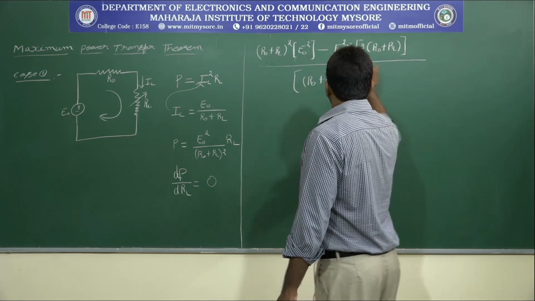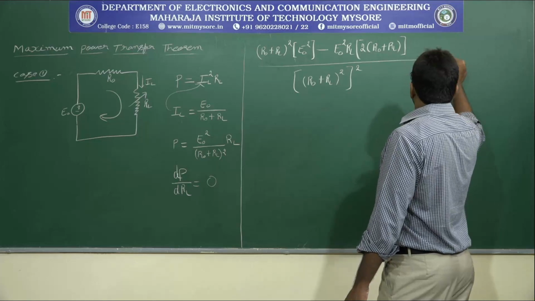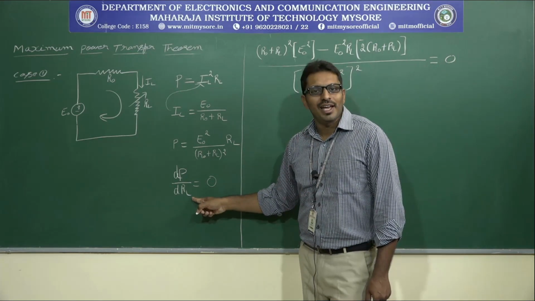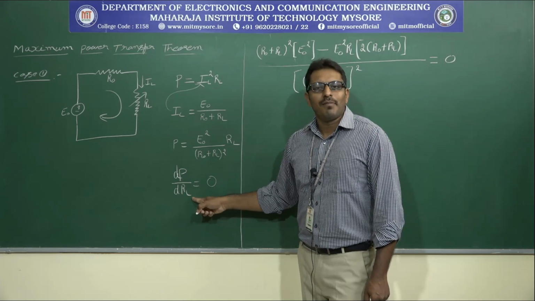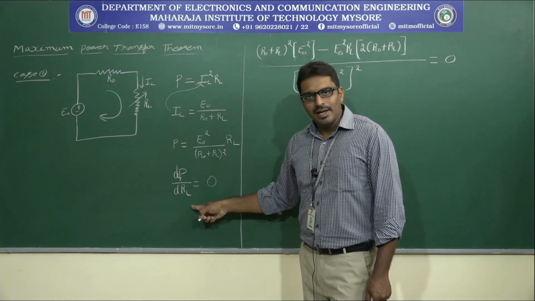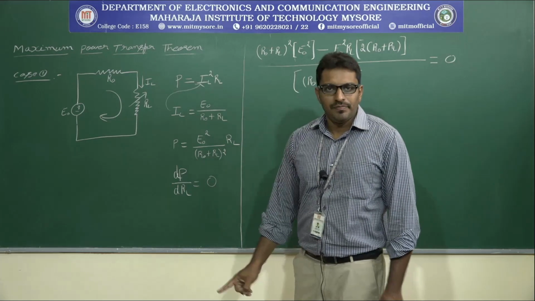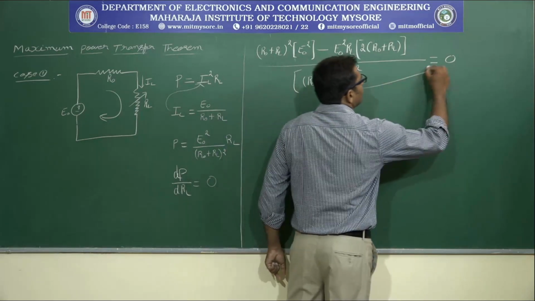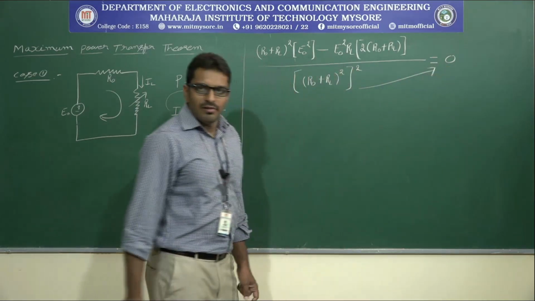This is the formula, and it is equal to 0, because this is the mathematical condition to obtain the maximum power, that is, the differentiation of power with respect to RL equal to 0. Is that clear? Now just simplify this equation. The denominator cross-multiplied with 0 gives 0.